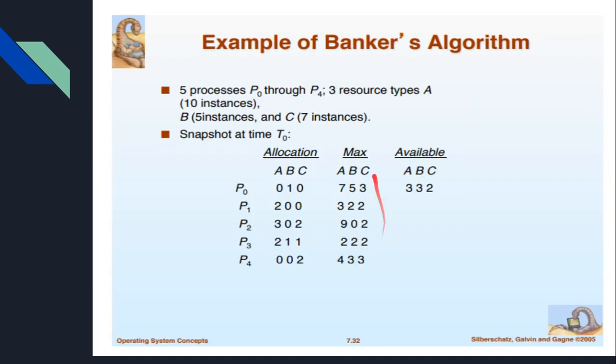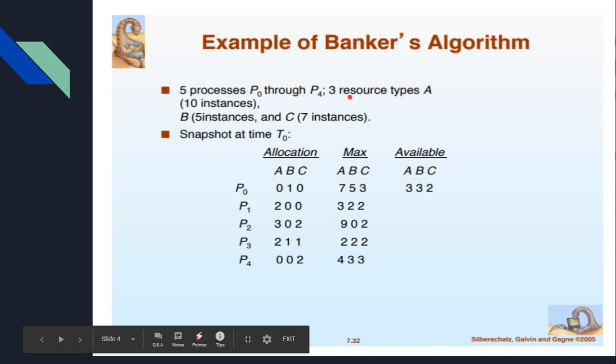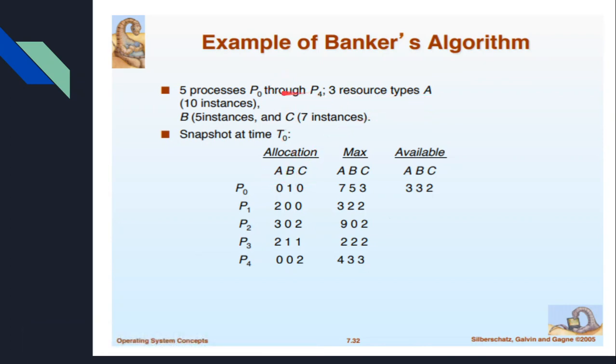Now let us see an example of Banker's algorithm. We have 5 processes, P0 to P4, and resources of 3 types, A, B and C. We have 10 instances of resource A, 5 instances of B and 7 instances of C. These are the total available instances.